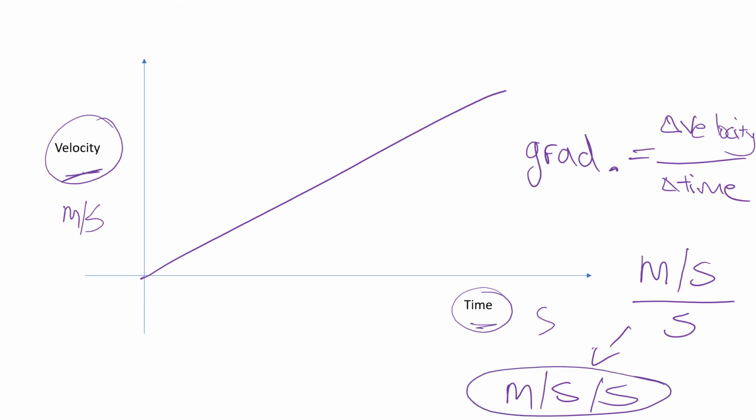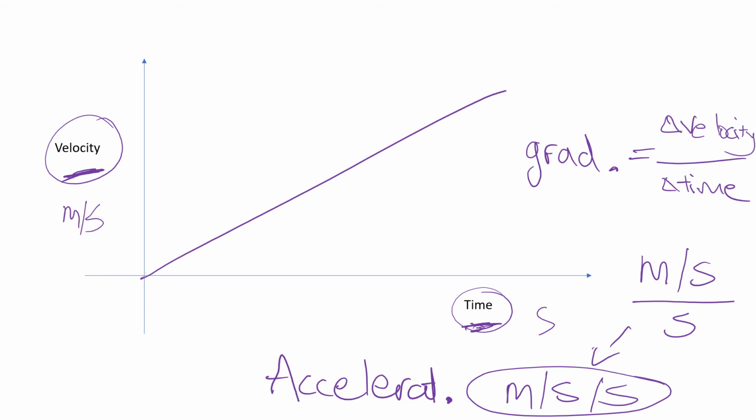And you'll notice this is the unit for acceleration. So acceleration is the change in velocity over time. If it's speeding up, we have a positive acceleration. If it's slowing down, we have a negative acceleration.